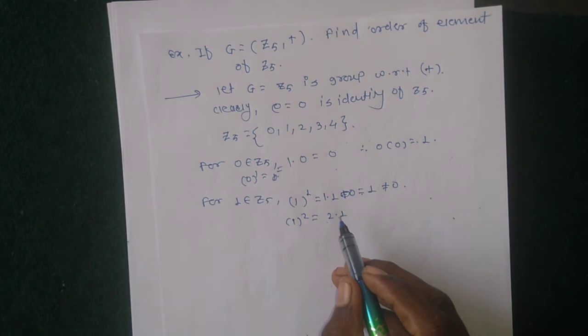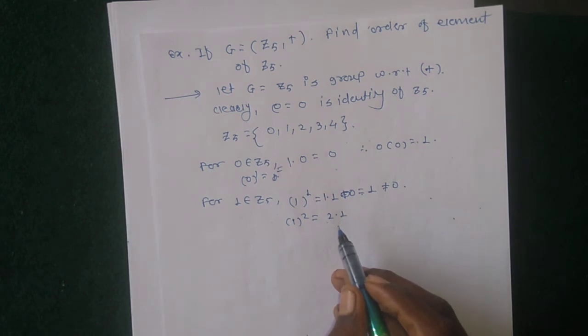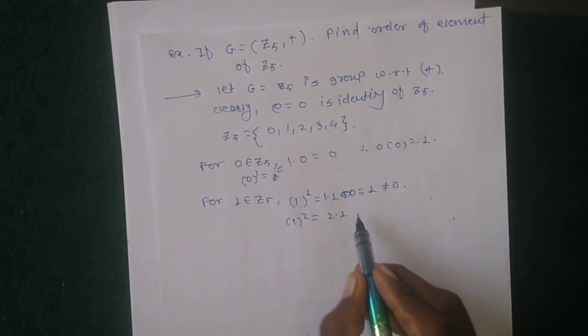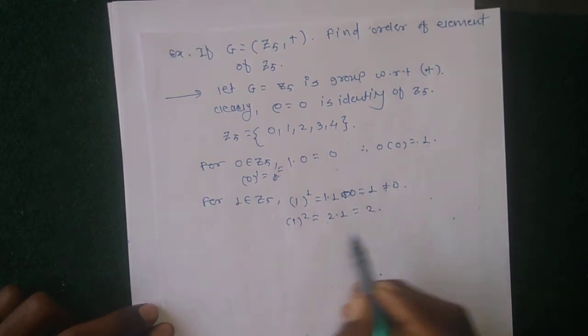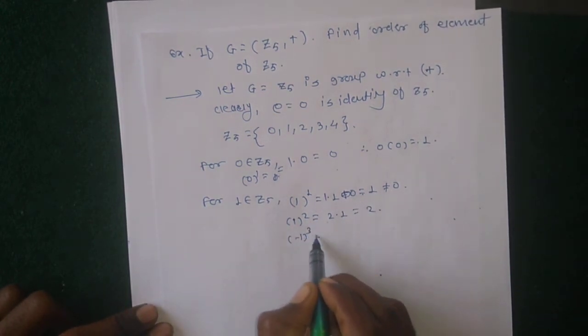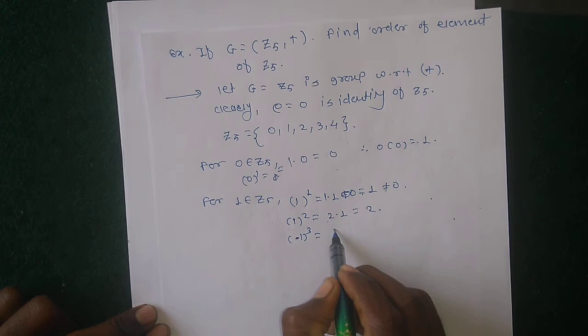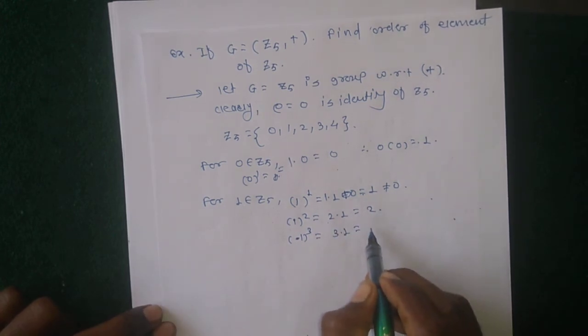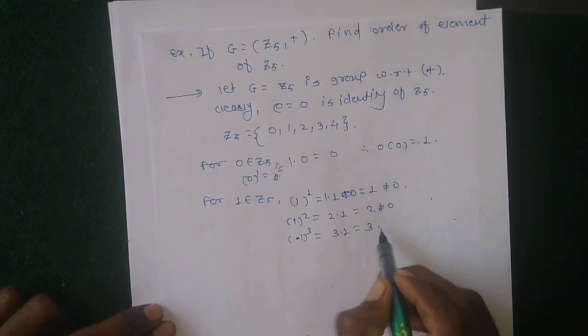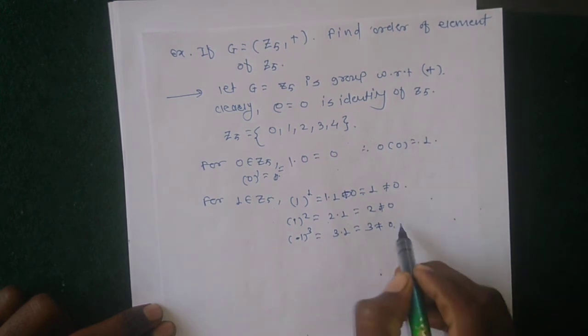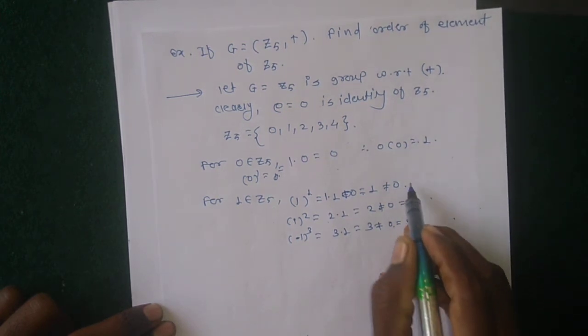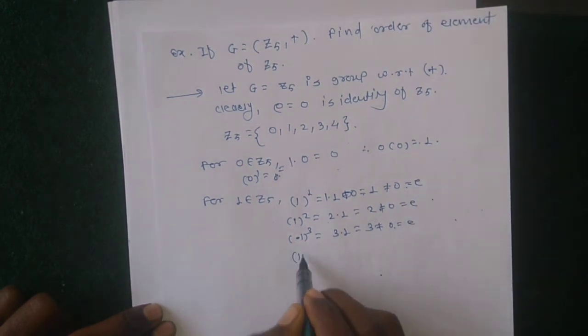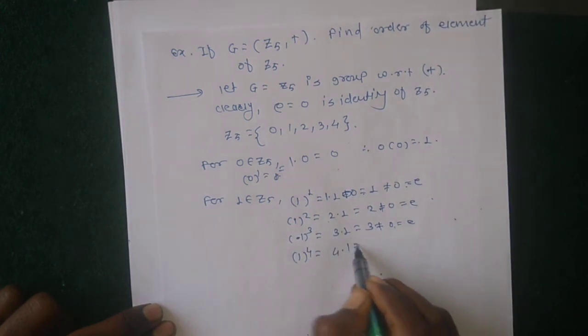Therefore, choosing the smallest positive integer n such that n into a equal to 0. Here 2 into a, their value must be 2. 1 cube equal to 3 into 1 equal to 3. This is not equal to 0, or not equal to identity. 1 raised to 4 equal to 4 into 1 equal to 4.